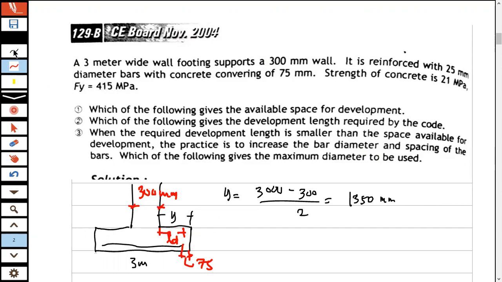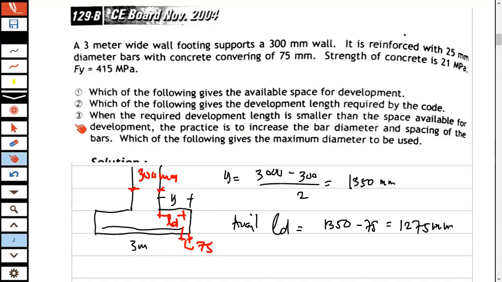Okay, the available Ld must be equal to 1,350 minus 75. That should be 1,275. Tama? Now we are going to compute the development length required by the code.